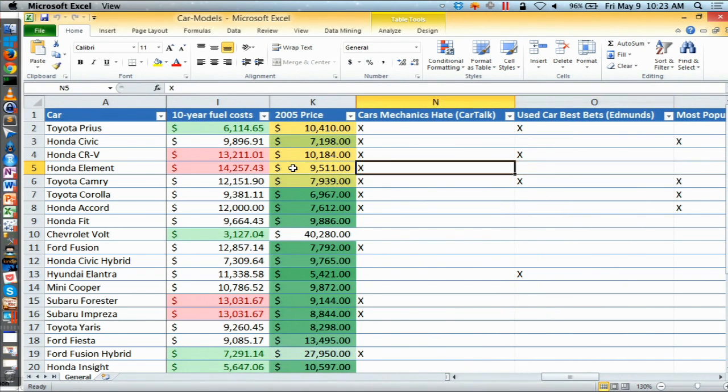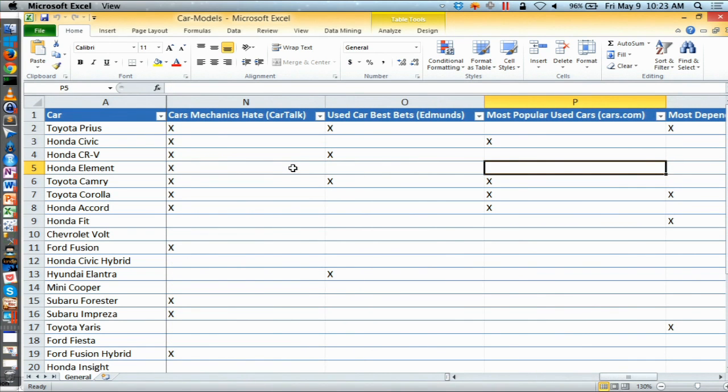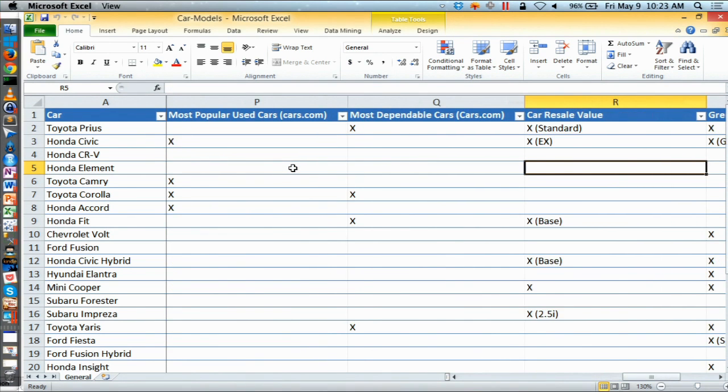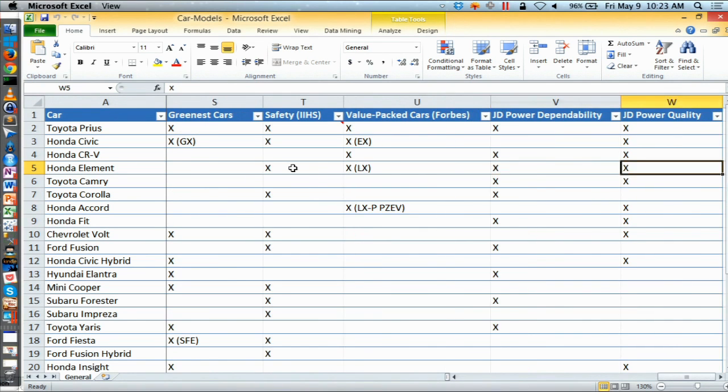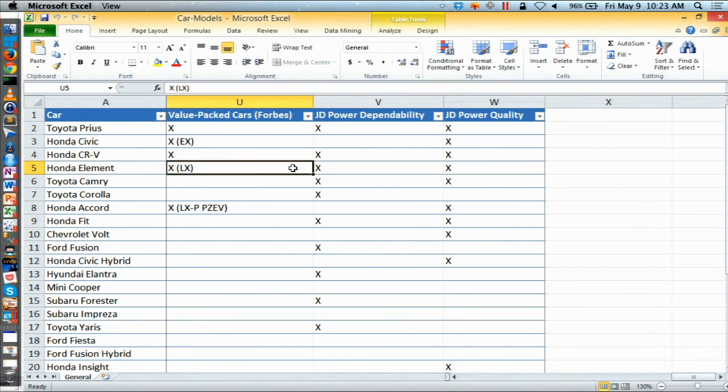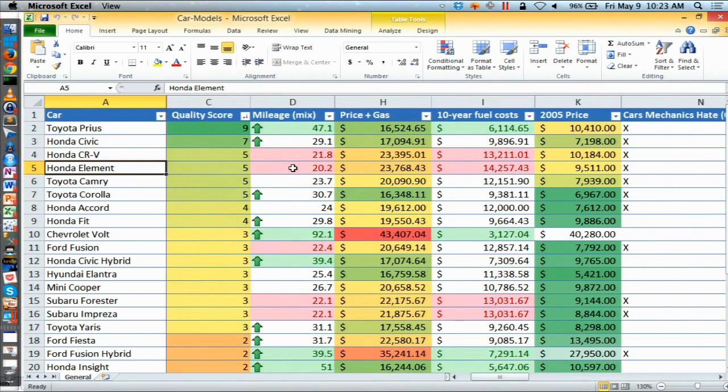I looked at places like Car Talk, Edmunds, Cars.com, the resale value. There was some survey about greenest cars, an Insurance Institute for Highway Safety website, Forbes, and JD Power. And I basically said, which of these cars falls into sort of like the top 10 or top 20 lists? And then, because I couldn't trust any of them, I just counted them.